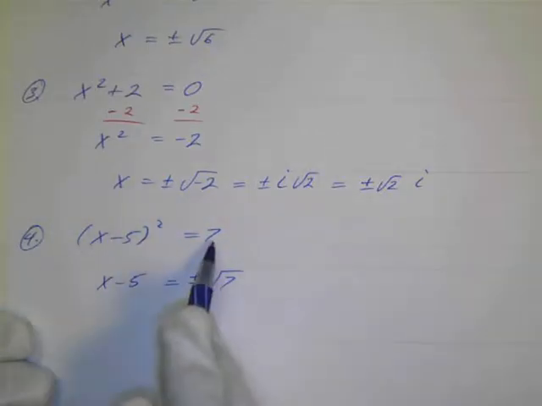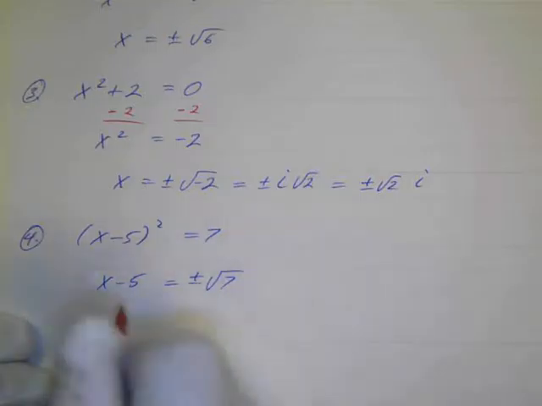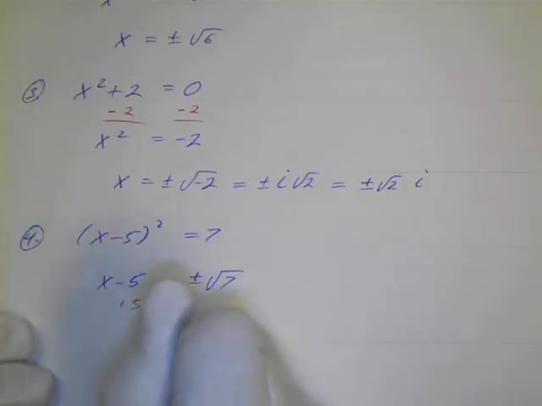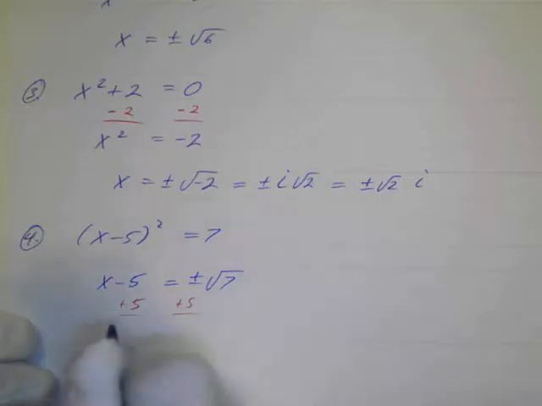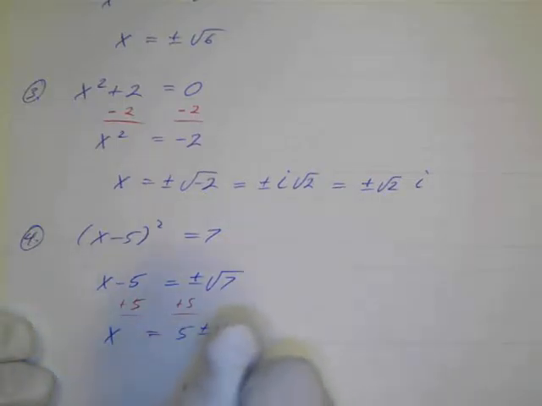If x minus 5 squared equals 7, x minus 5 equals plus or minus the square root of 7. And then I can just add 5 to both sides. And x will equal 5 plus or minus the square root of 7.